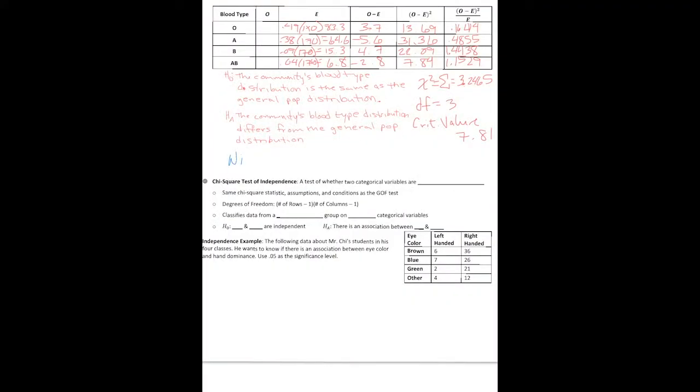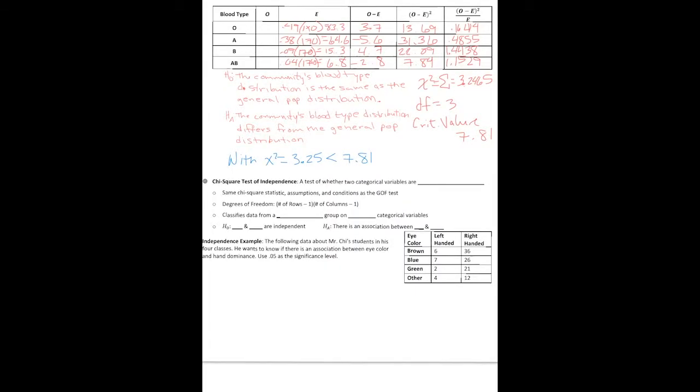So with our chi-square test statistic being 3.2465 and our critical value at 7.81, we know that with chi-square equaling 3.2, we're just going to say 3.25, and that being less than our critical value of 7.81, we're going to fail to reject because it's not as varied or as extreme as we need it to be in order to reject that hypothesis.